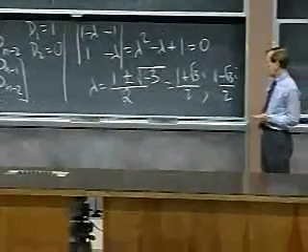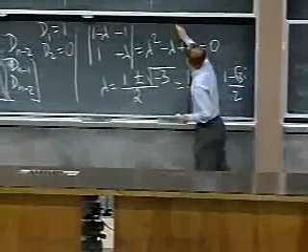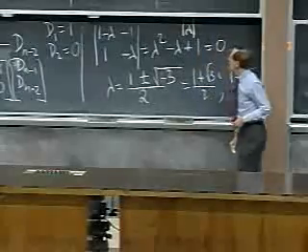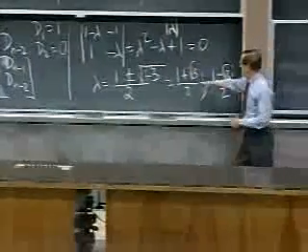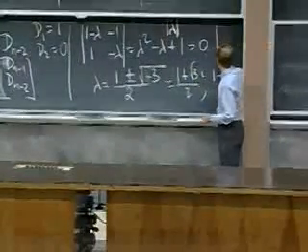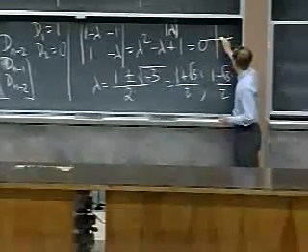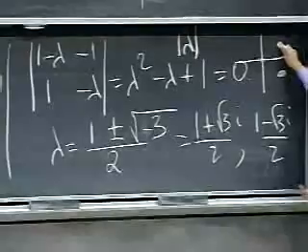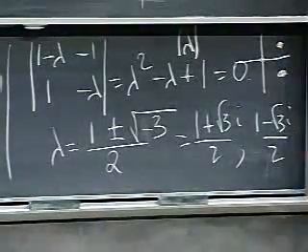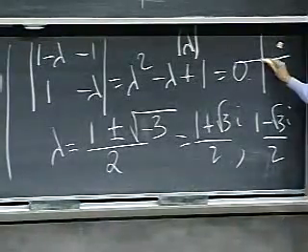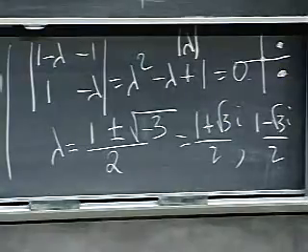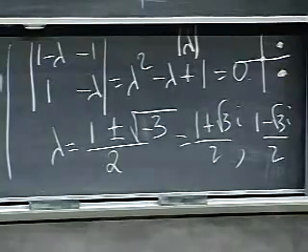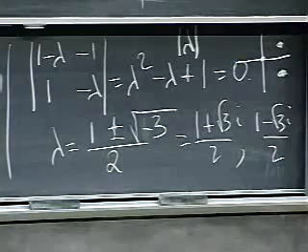What's the magnitude of lambda? That's the key point for stability. These are two numbers in the complex plane: 1 plus something here, and its complex conjugate there. I want to know how far from the origin those numbers are.